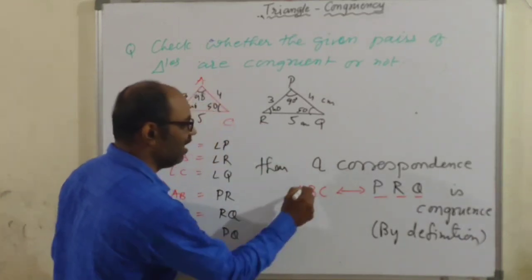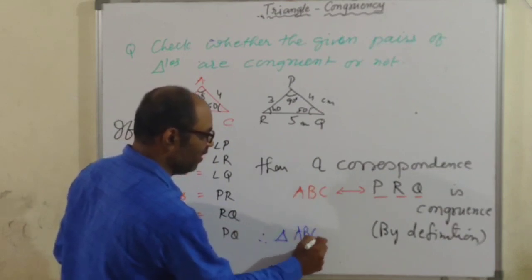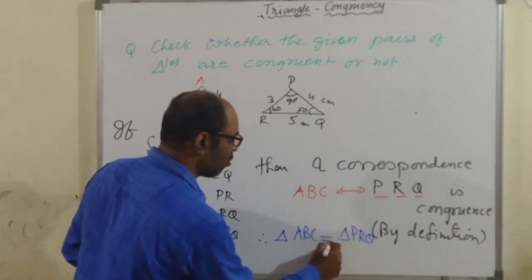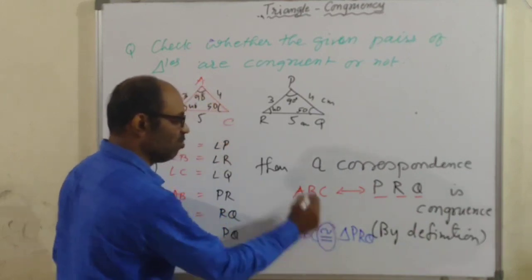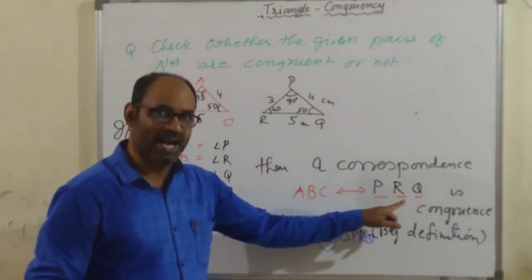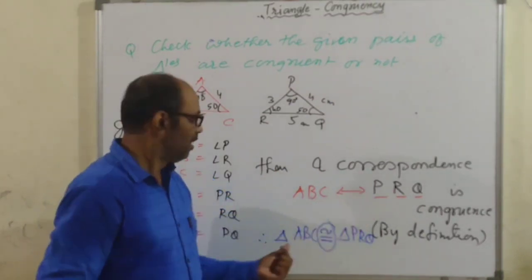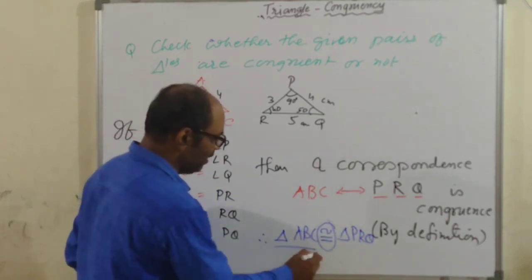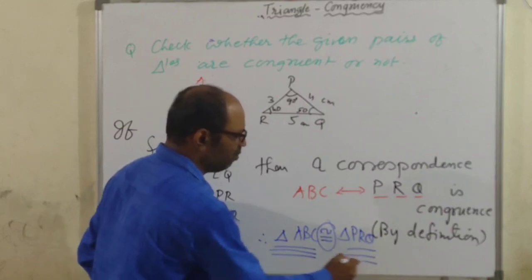Therefore, triangle ABC and triangle PRQ are congruent. ये symbol congruent का आया because triangle is put here. Here only ABC and PRQ, that is correspondence. But when triangle symbol is put, this is congruent. Triangle ABC is congruent to triangle PQR.